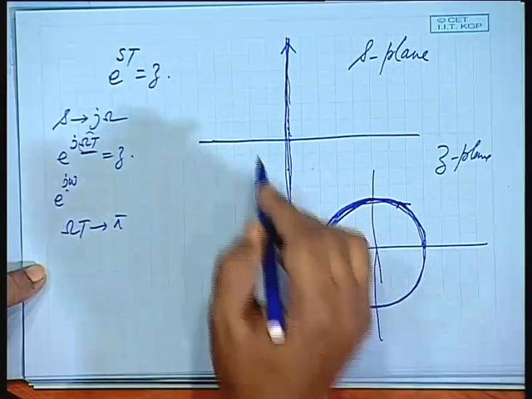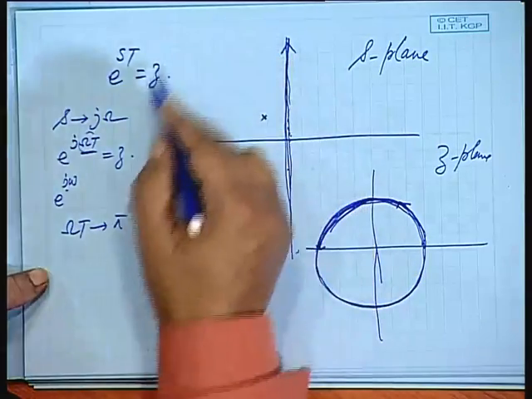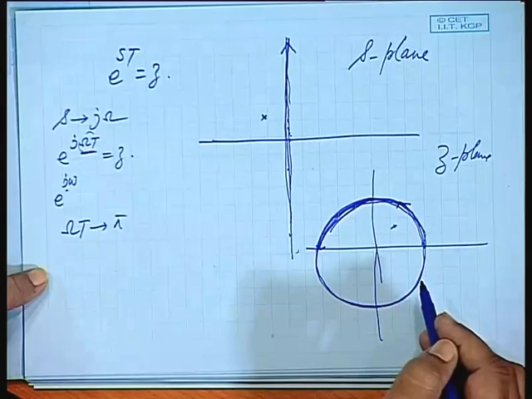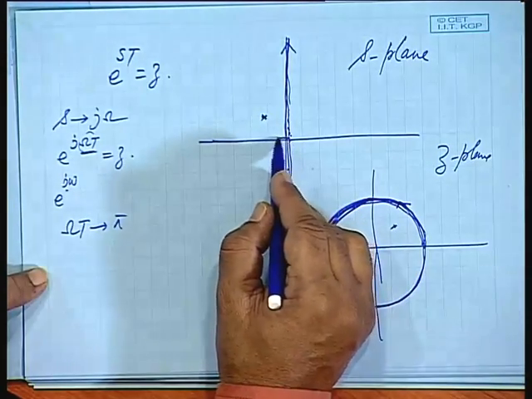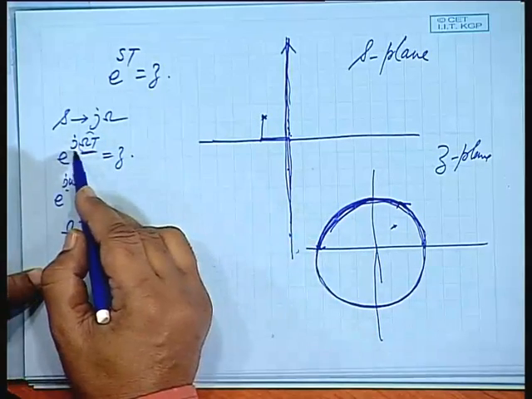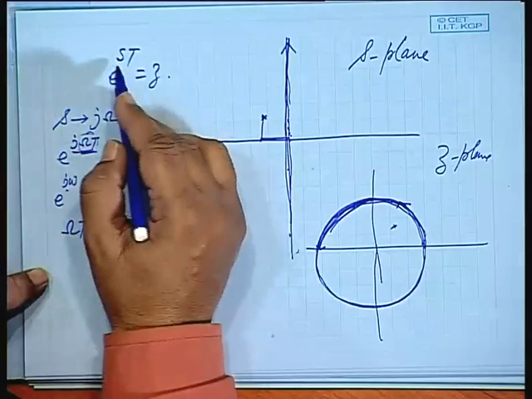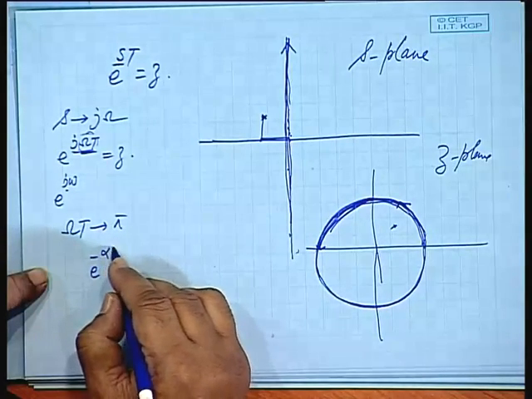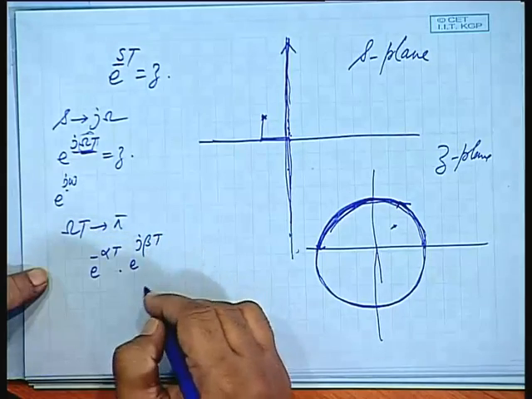Okay. So, a point on the left hand side of this will be a point inside this, that you can see, any point here is minus alpha t plus j beta t. If I make a substitution here, instead of j omega t, s, I write e to the power minus alpha t and e to the power j beta t.